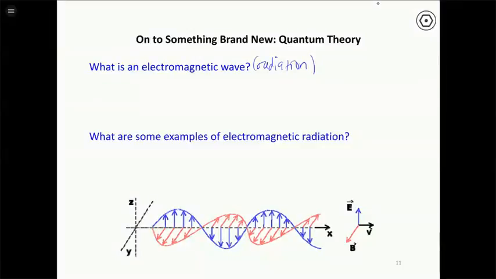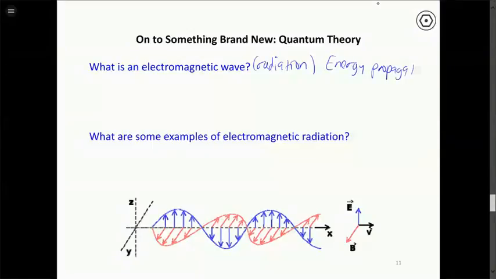And what exactly is it? It's energy that's propagated by electric and magnetic fields that oscillate in intensity as they travel.